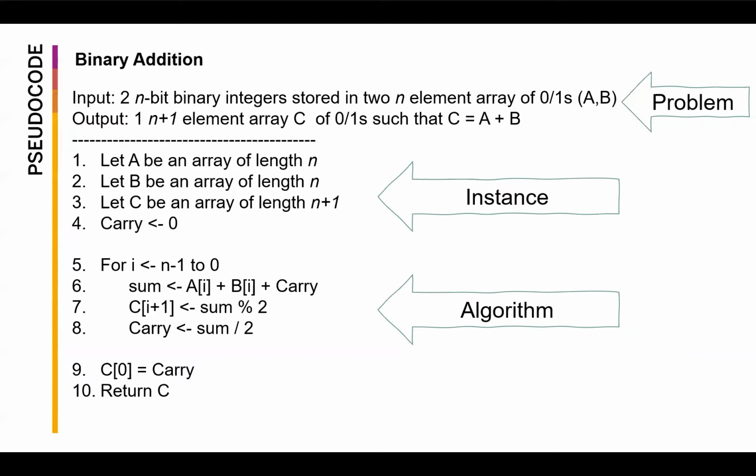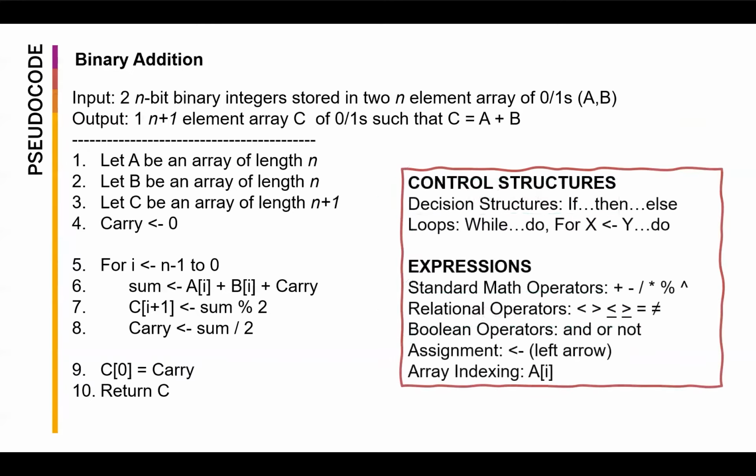Now in writing pseudocodes, we have various notations. You can use decision structures like if and if else, and switch cases, which is similar to an if else statement. You can also use loops. For example, here we've used a for loop to do the iterations over each element.